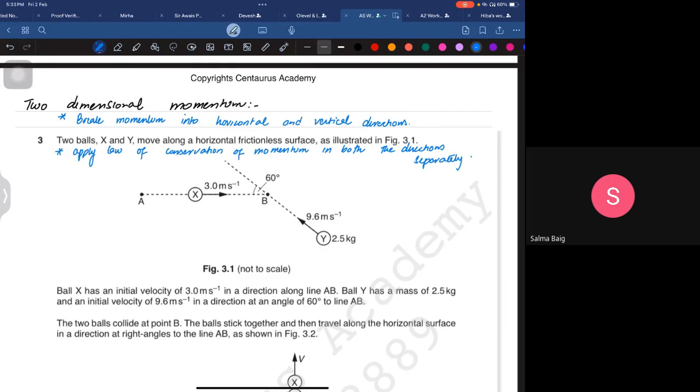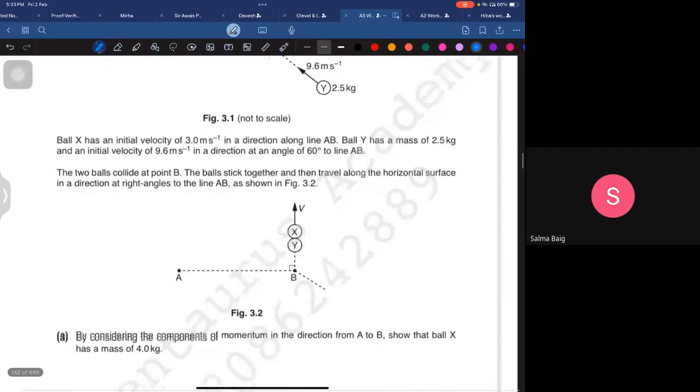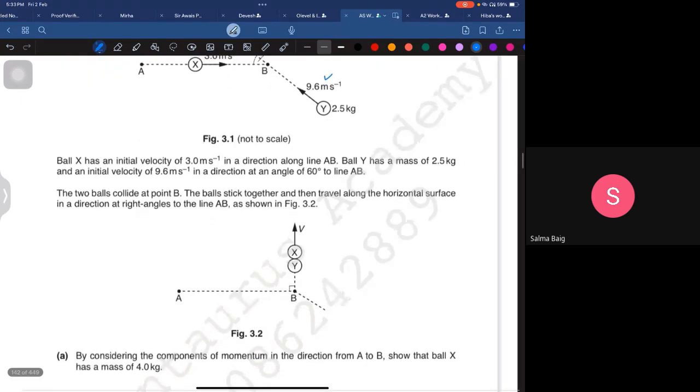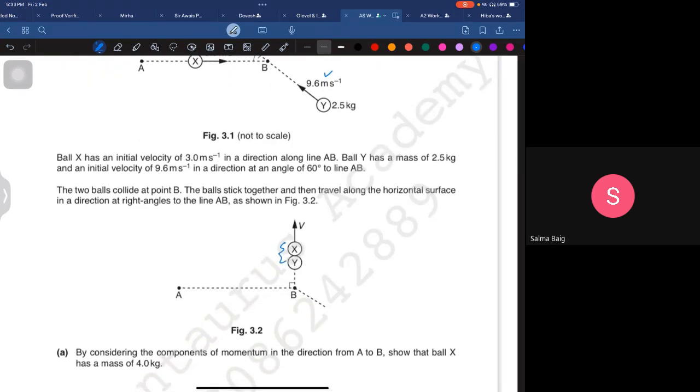Now let's check out this question. In this question, it says the two objects, one is going at this velocity, x, and y is going at 60 degrees from the horizontal at this velocity, right? Then they say when they hit, they are now going together in the vertical direction. Everybody understand the question?